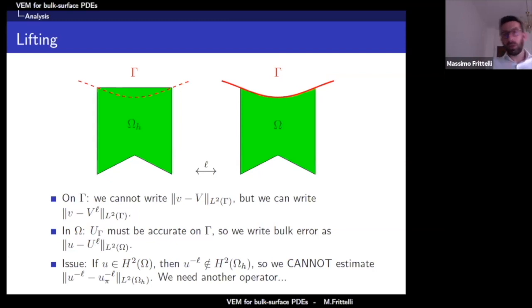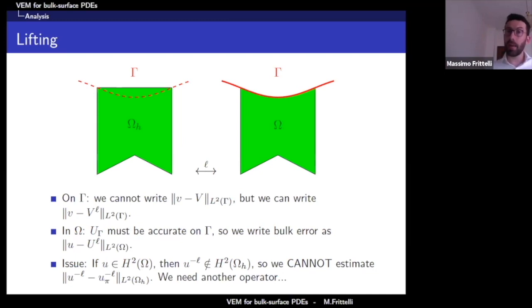If we move out of the context of bulk surface PDEs, one could simply take the intersection between the discrete and the exact domain and estimate the difference between exact and numerical solution on the intersection. We cannot do that, because if we did that, we would neglect a narrow band close to the boundary, which we cannot do because the boundary is itself the domain of our different PDEs.